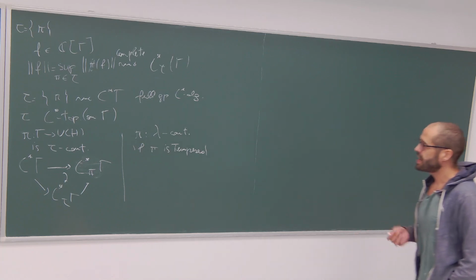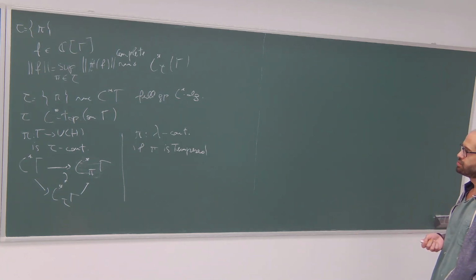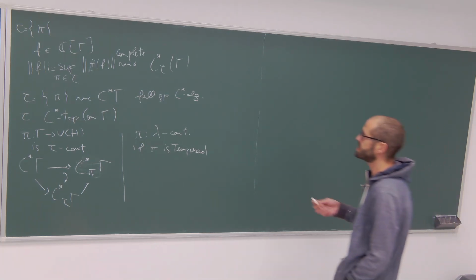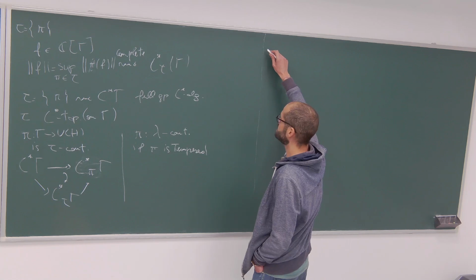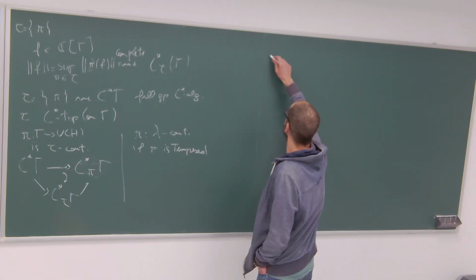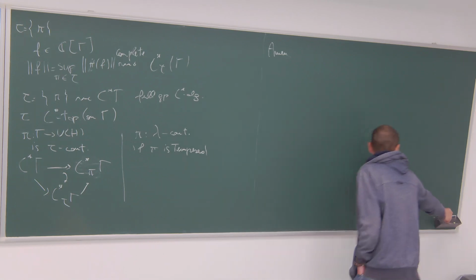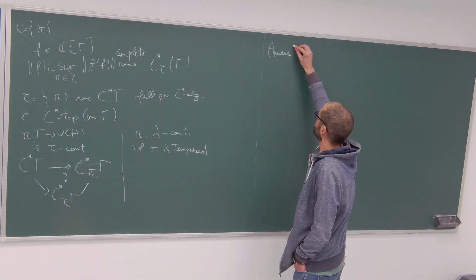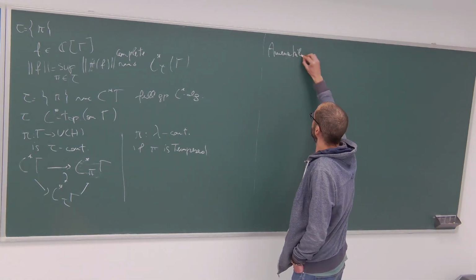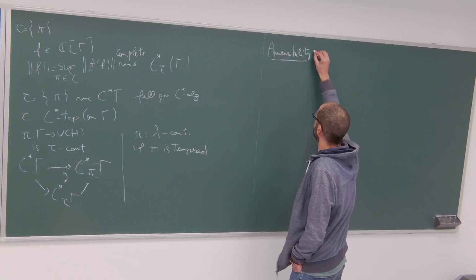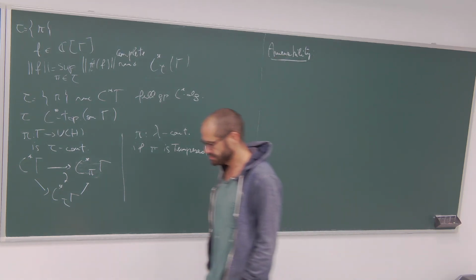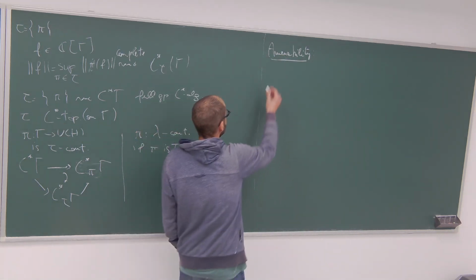And okay, now I want to discuss a little bit about amenability, and the reason is that this will be motivating for what I will say later. So I will start just with the definition.